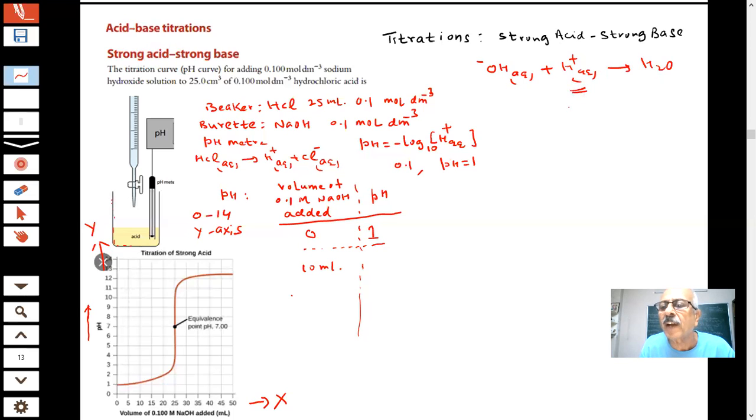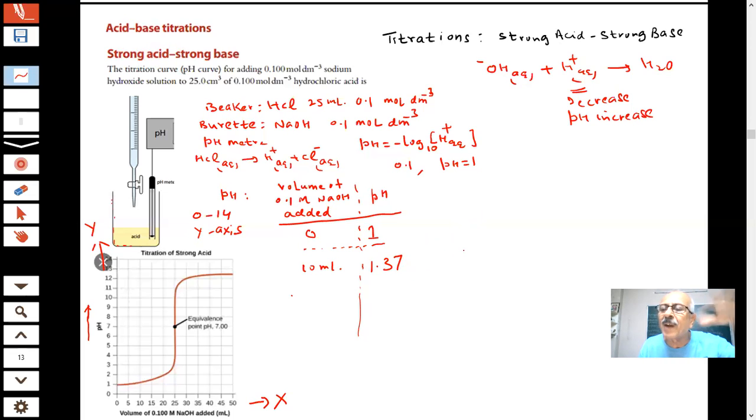So the concentration of H plus will decrease, and if it decreases, the pH will increase. But for the first 10 milliliter, the pH change is only very small. From 1, it comes to around 1.37.